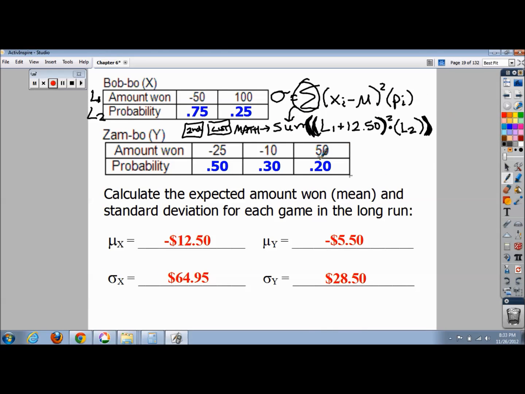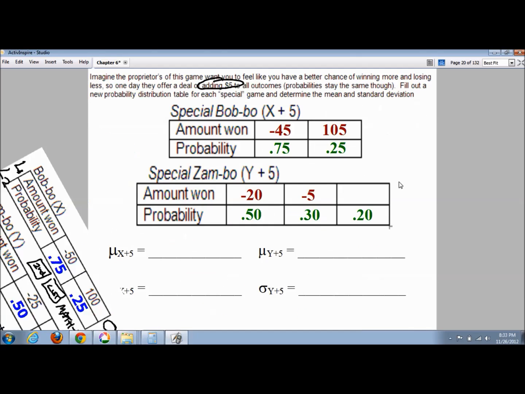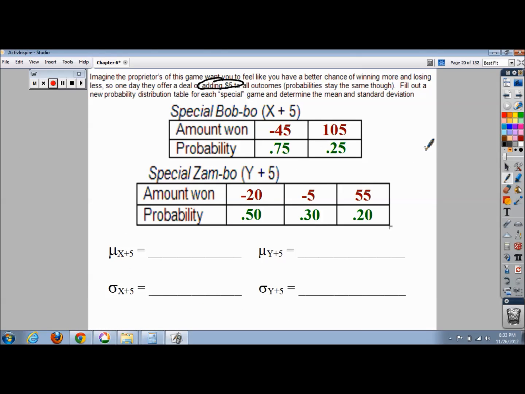Gee, go back here. Yeah, $50. So they're saying add 5 more to that. We're really going to win $55. So now we're not just dealing with a random variable x anymore. We're dealing with our random variable x plus 5. We're taking whatever our previous amounts were that we could win or lose and adding $5 to them.